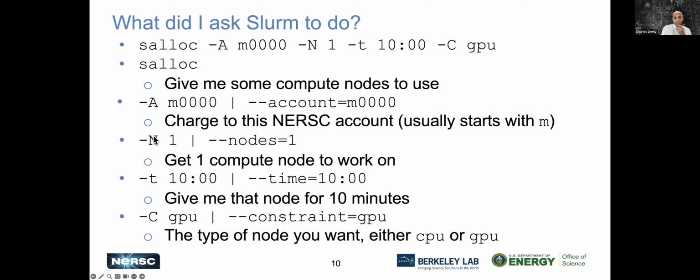And remember, you can always use either the short form, just the letter, or the long form, which will typically spell out what that flag means. Then we also denote the time. In this case, we have a wall clock time of 10 minutes. And again, specifying that constraint that is going to be using GPU resources for the type of node.